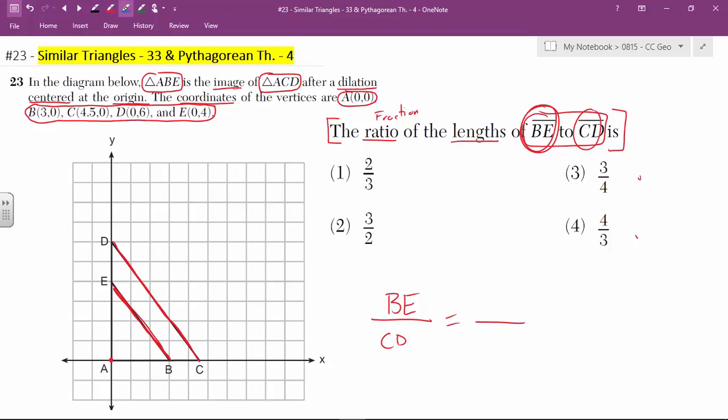So now it becomes, how do I figure out the length of EB? If you look here, you have a right triangle. Therefore, you can use the Pythagorean theorem. I need to know what my leg is, which is really easy: 1, 2, 3, because that's a horizontal distance. I can just count it. I need to know what my other leg is, and that's also real easy: 1, 2, 3, 4, because that's a vertical distance.